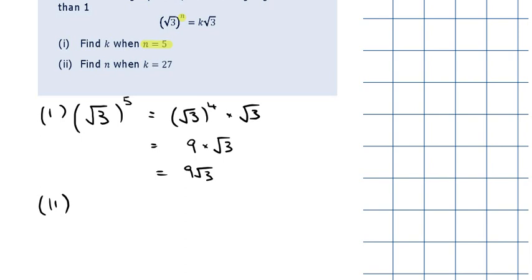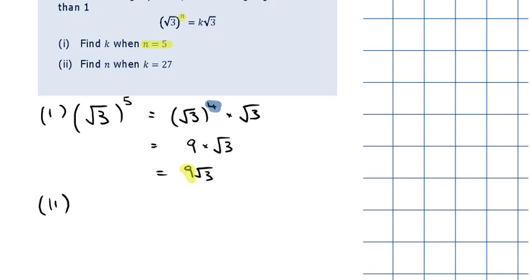In the first case, when we have 9 in front of that square root of 3, what we've done is that we took out this number 4, and we said that square root of 3 to the power of 4 gives me 9.